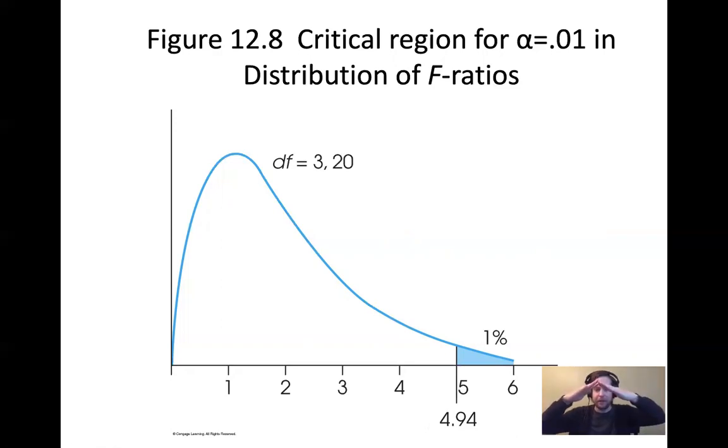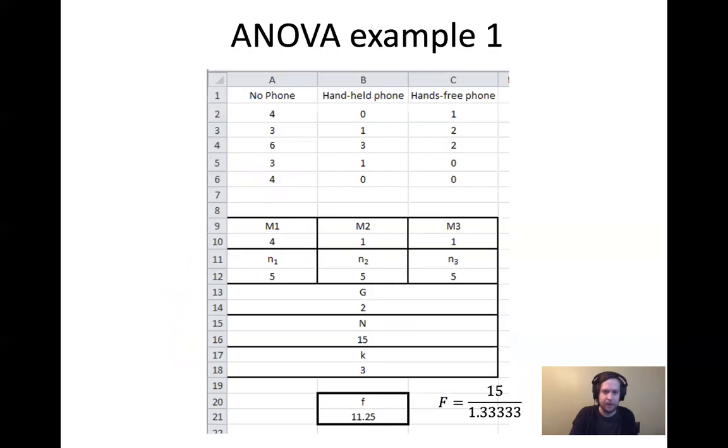It was symmetrical. That was because Z and T could be negative and they could be positive. When we're dealing with F, we only have a positive side of the distribution. So we're only looking at one side of things. We're not looking at the left tail anymore. Now we only have one tail that we're dealing with, which makes things a little bit easier for F. That's one of the few things about F which is actually easier, that we no longer have to worry about the left tail at all. So we'll come back to this next time as well.